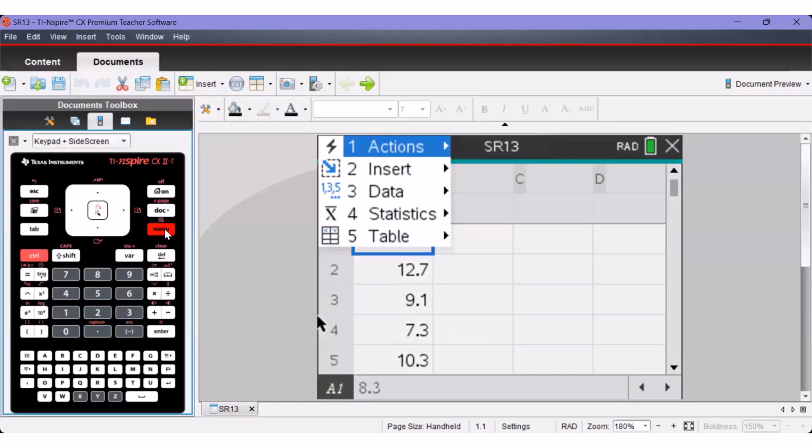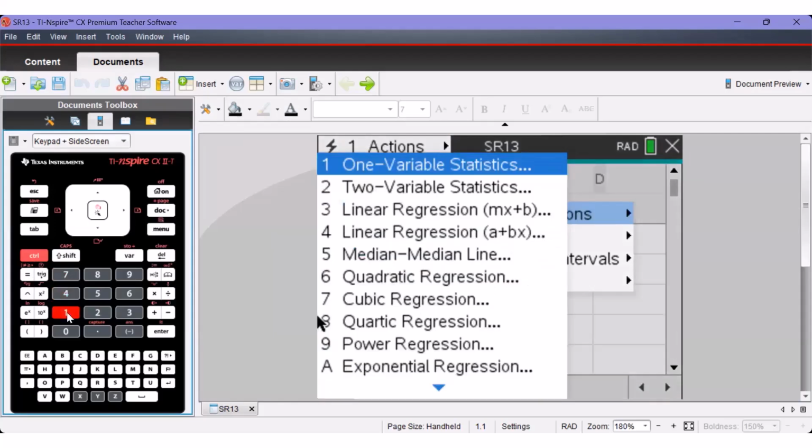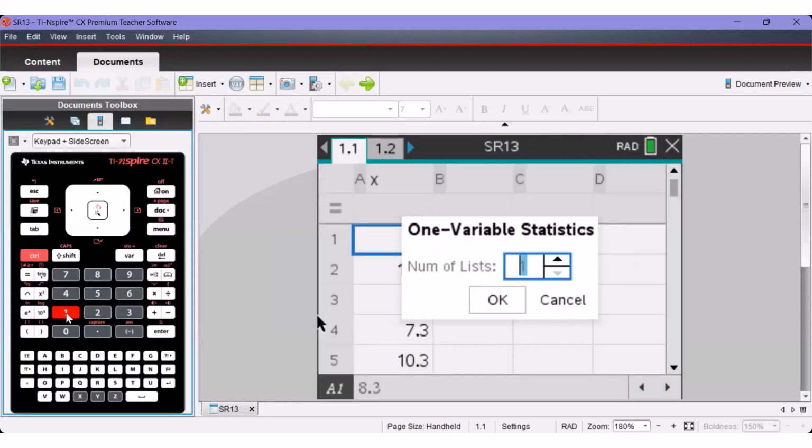We're going to select Statistics by pressing 4. We're going to select Stat Calculations by pressing 1 or Enter, and then 1 or Enter for one variable statistics. The number of lists is 1, so we can press Tab to highlight OK and then press Enter.